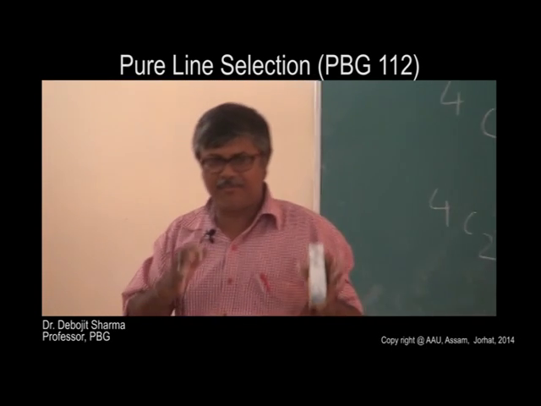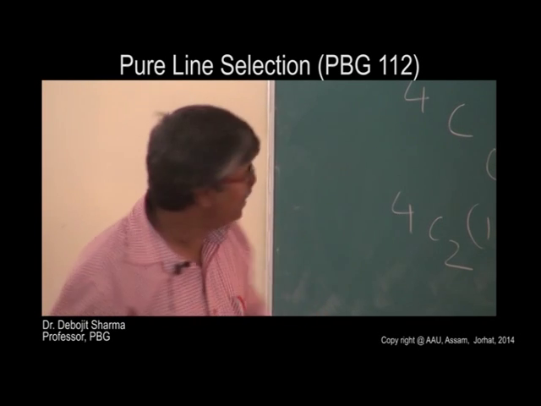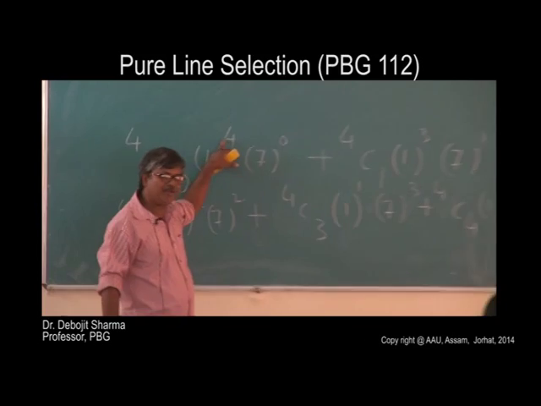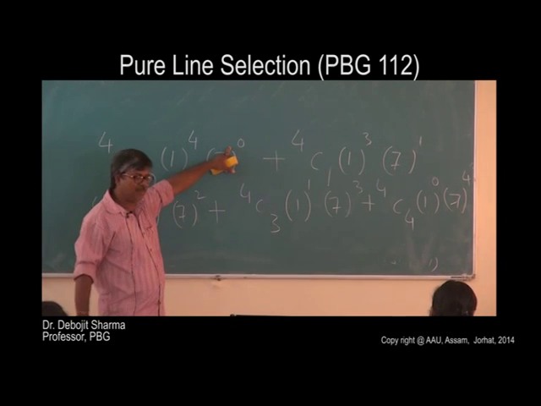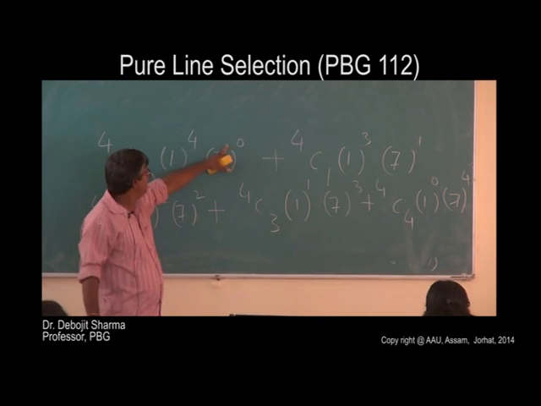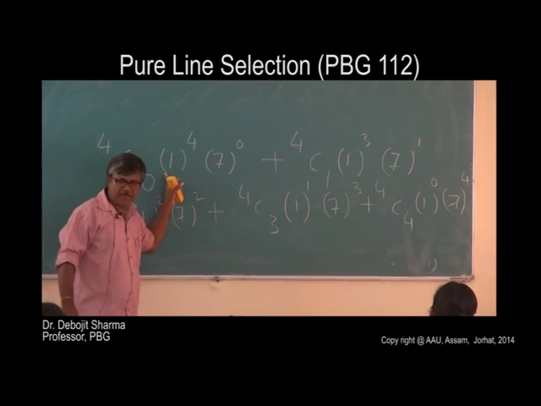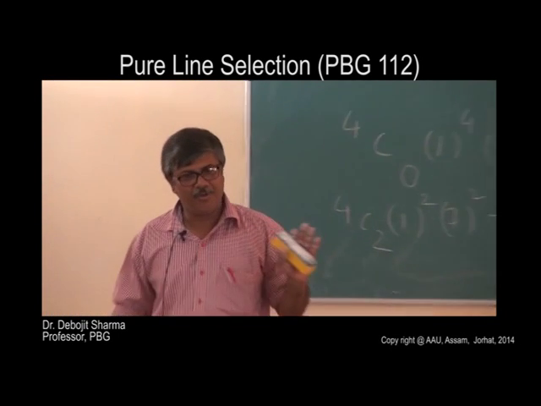The first term gives the number of heterozygous genes. The second term gives the number of homozygous genes. So here 1 to the power 4 means 4 is the number of heterozygous genes, so 0 is the number of homozygous genes. That means if you solve this term, this will give you the number of individuals or plants having 4 heterozygous genes.